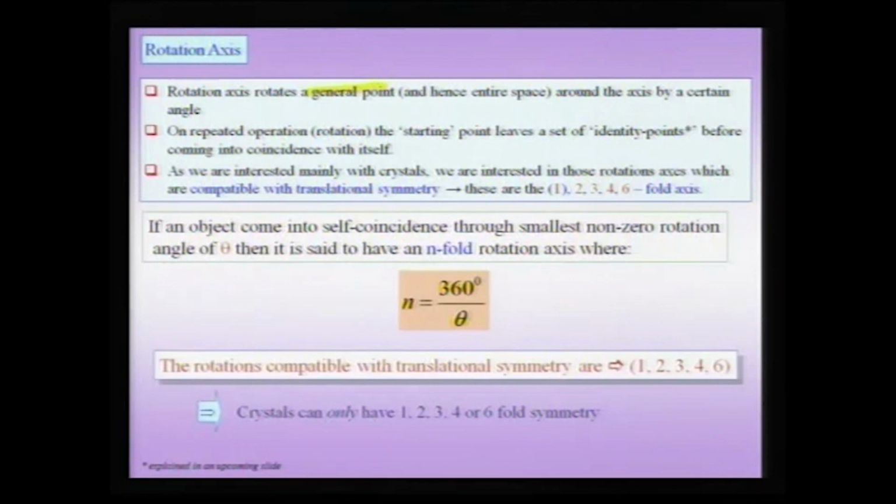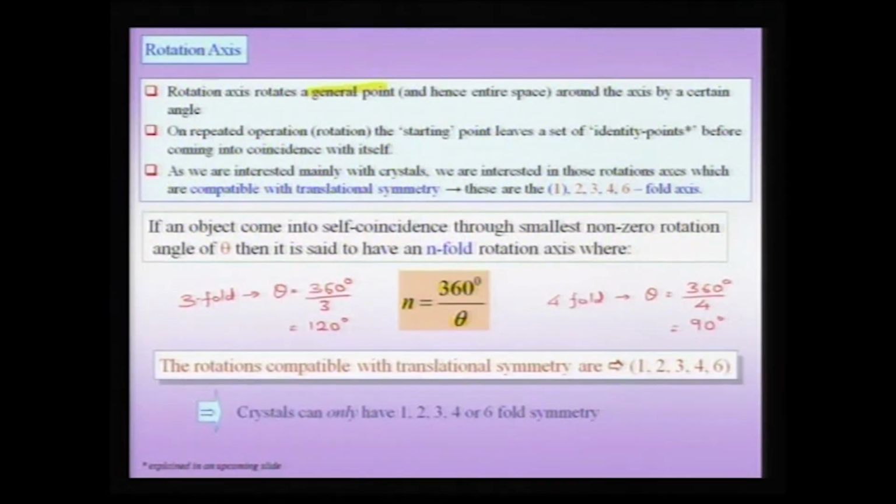Therefore, if you have a 4-fold axis, then the rotation angle theta would be 90 degrees. On the other hand, suppose I am talking about a 3-fold axis, the angle would be 120 degrees. Therefore, there is a characteristic rotation associated with every n-fold axis.